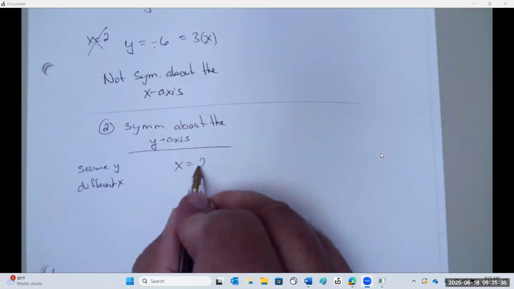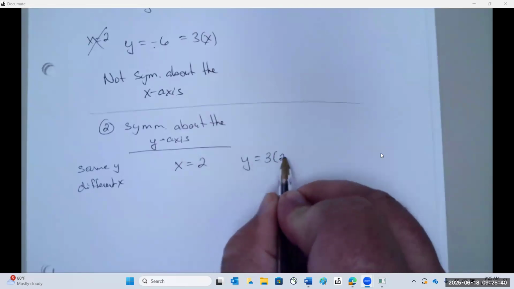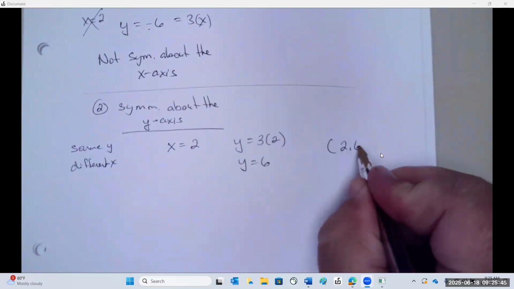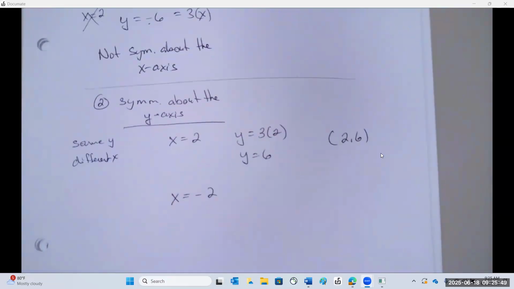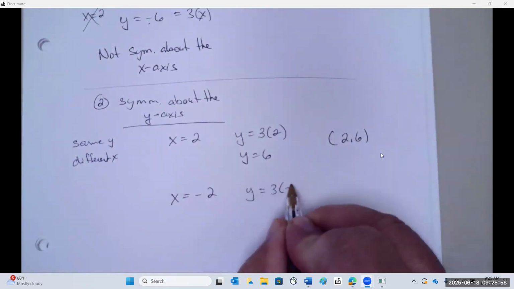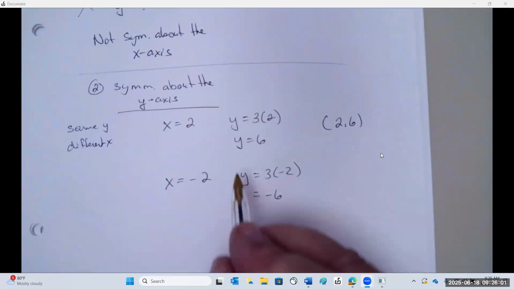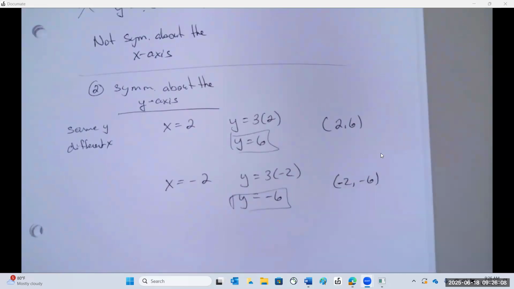If I have x equals 2, that equals 6. So we have a point 2, 6. If I put -2 in there, what is that going to equal? Are they the same values? No, I put -2 in there.